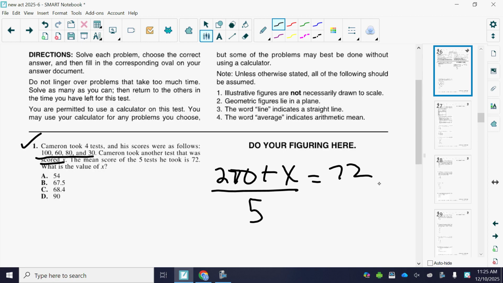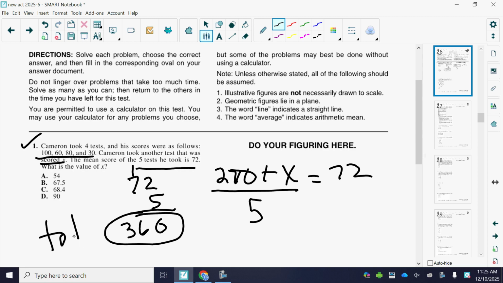Not the way I would have done it. Since his 5 tests average 72, I would have multiplied 72 by 5 automatically, because that means he scored 360 total points. So what does he have so far? 270.